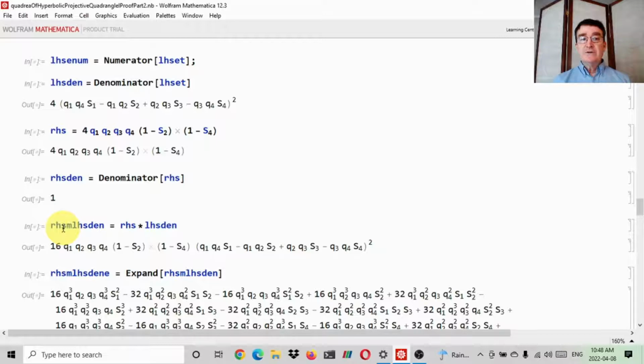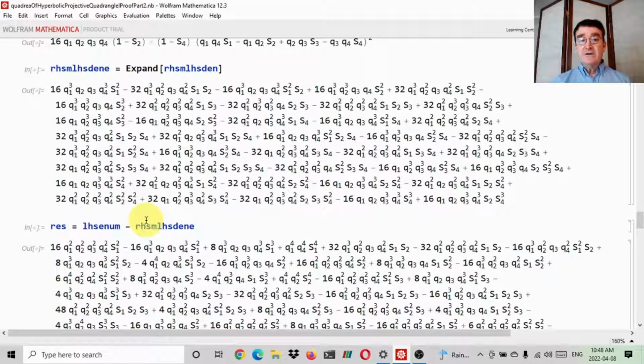And finally, we're going to subtract the left-hand side numerator from our expanded right-hand side multiplied by the left-hand side denominator, and we get this long expression.